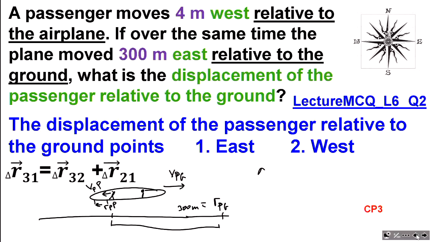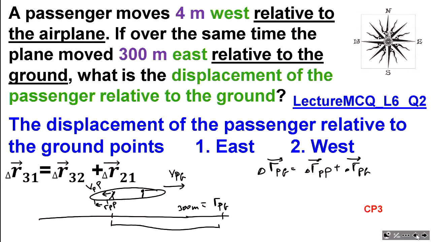The displacement of the passenger relative to the ground should be equal to the displacement of the passenger relative to the plane plus the displacement of the plane relative to the ground. This equation is absolutely identical to the equation we wrote yesterday. You just need to remember all those variables of vectors.